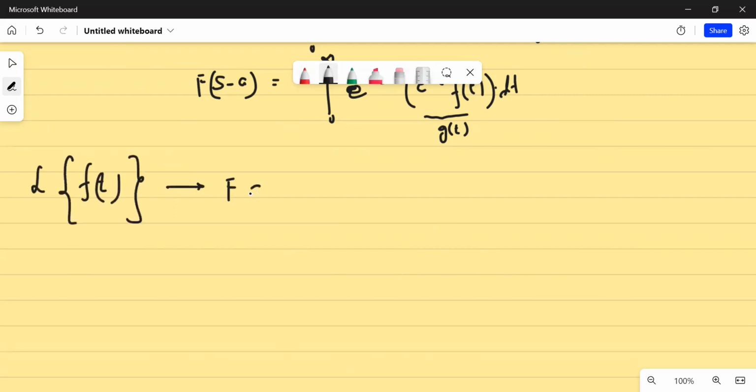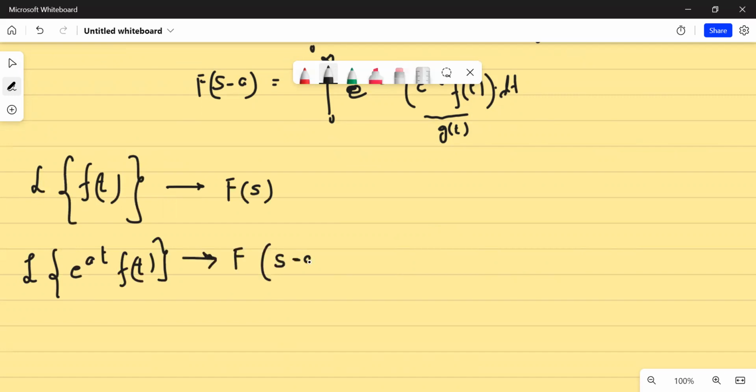F of s, and instead of f(t), if I'm trying to write e की power at into f(t), then the Laplace transform would be replaced by F of s minus a. Is that fine?